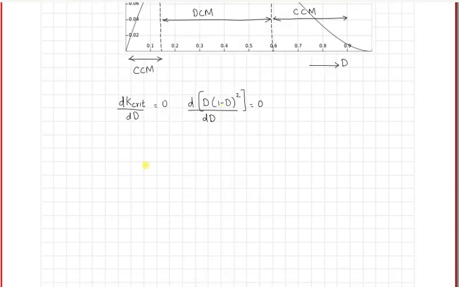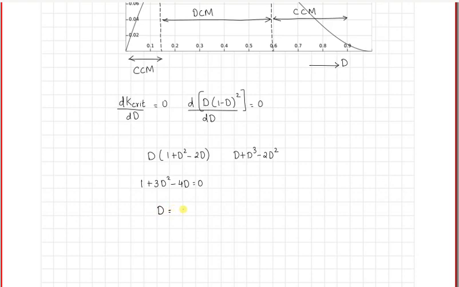If we expand d times 1 minus d the whole square, then you get d into 1 plus d square minus 2d. Okay, so this is d plus d cube minus 2d squared. So if you take the derivative, you get the expression 1 plus 3d squared minus 4d equal to 0, and you can solve this quadratic equation to find the values of d.